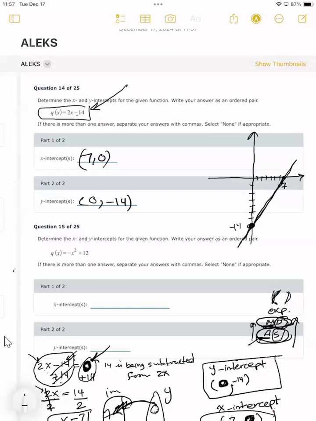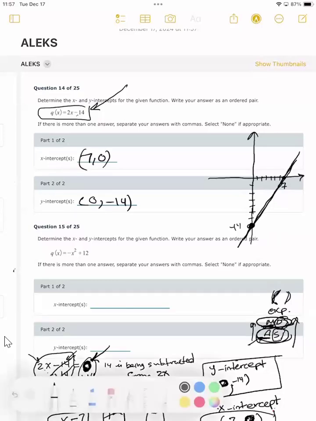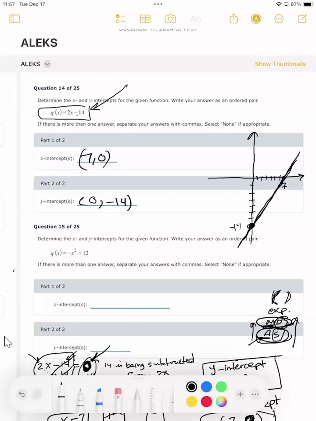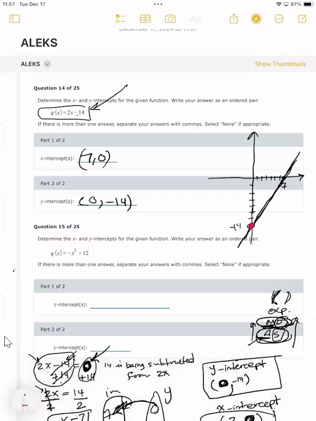And that's my graph. Remember, for the previous example, I showed you where the graph crosses the y-axis is called the y-intercept. So this is the graph of this equation. And look, it is crossing the x-axis here at 7, 0, and it's crossing the y-axis at 0, minus 14.